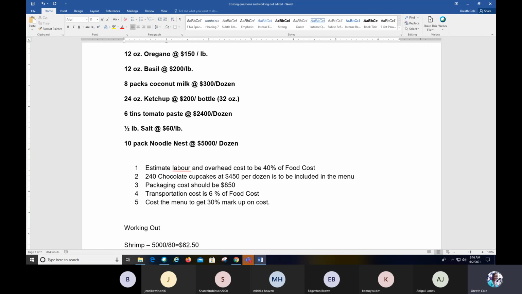This is $62.50 per pound, so we know how much is for 1 pound. What do we want to find the cost of? 60 pounds. Good. What do we do next? Multiply it. Multiply what?